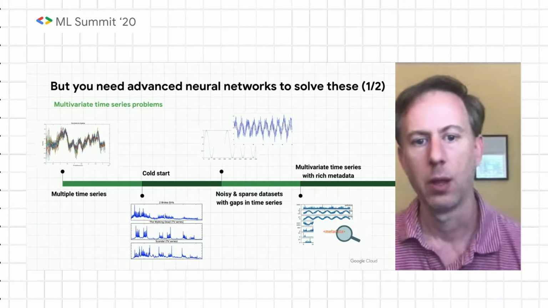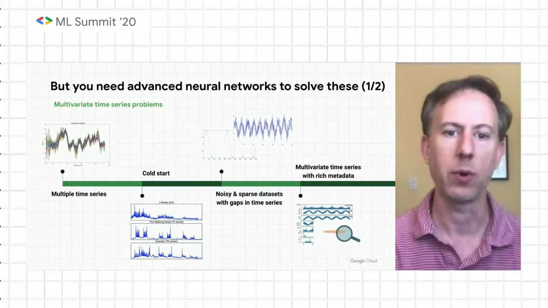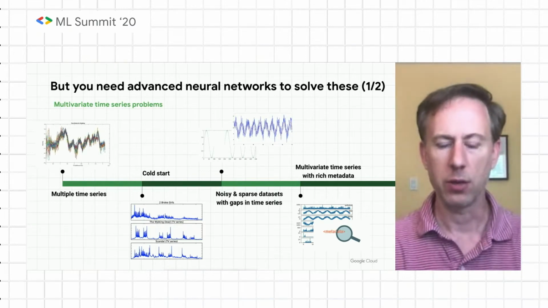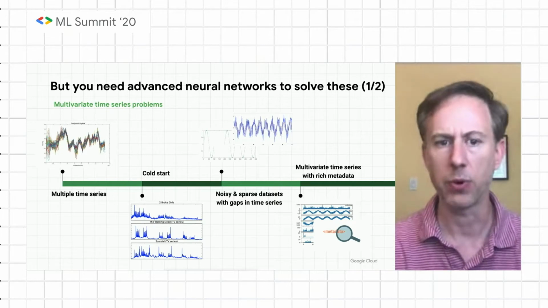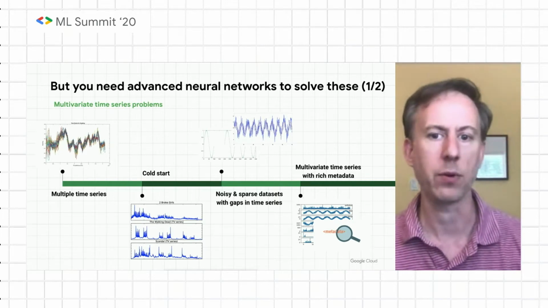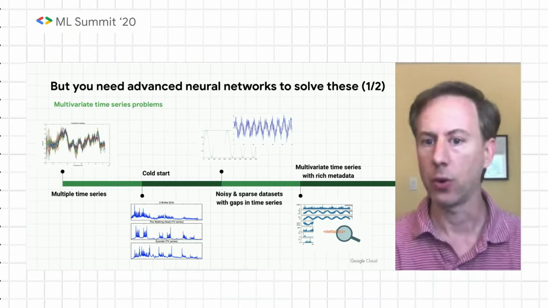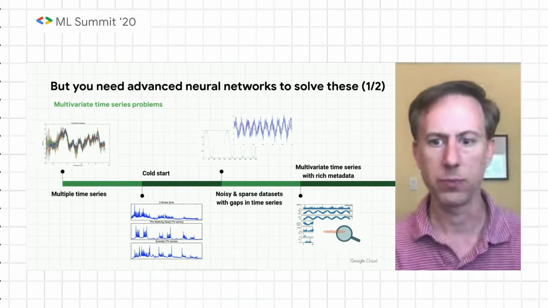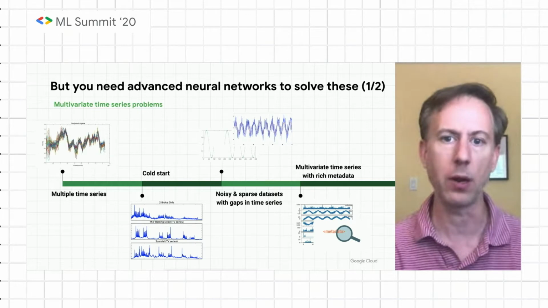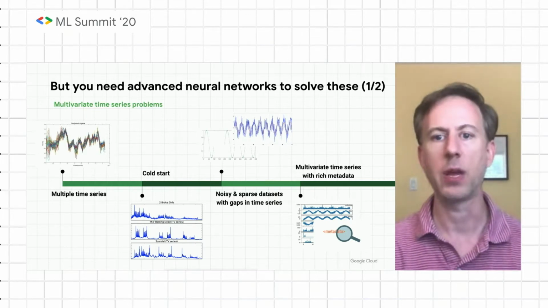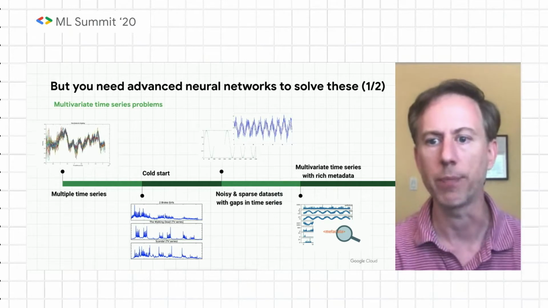There are relationships that a neural network will find between each individual data point as you track it over time. Another area where ML can be great is around cold starts, where you don't have a lot of historical data and you're trying to predict something quickly after you've started your series. Noisy and sparse data sets, which are super common. If you've got some outliers, some gaps in your collection, those can be handled pretty well with machine learning.